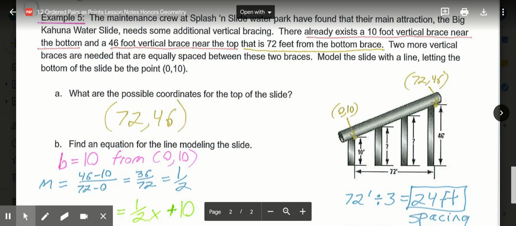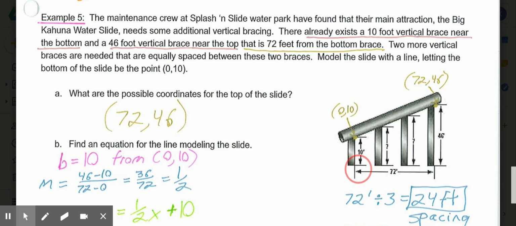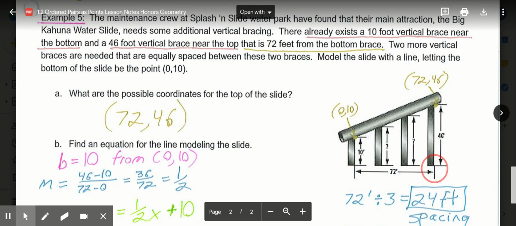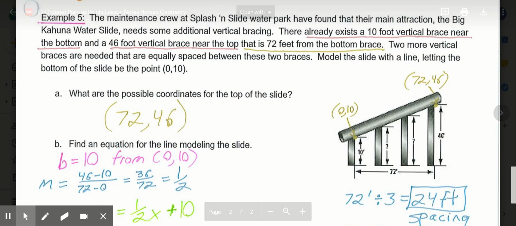That is 72 feet from the bottom brace. So the distance between this first brace and this last brace is 72 feet. 2 more vertical braces are needed that are equally spaced between these 2 braces.